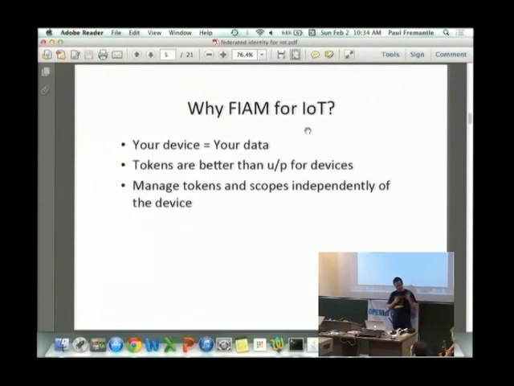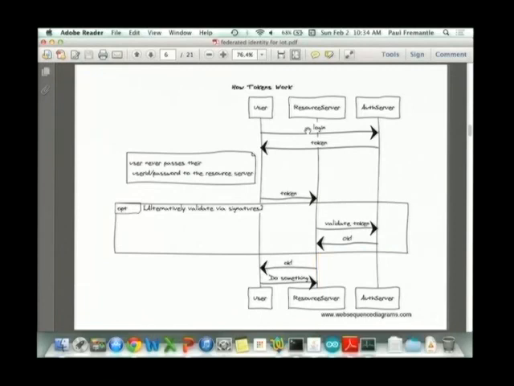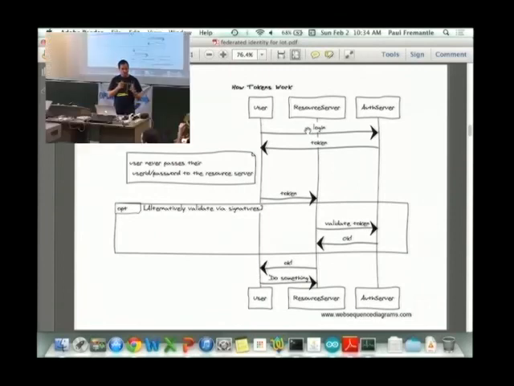So you can embed that token in a device and then manage it over time. So how do tokens work? Well, the basic idea is you get a token, and you then pass just the token to the resource server. So there's two key parties here, the IDP, the identity provider, and the resource server.